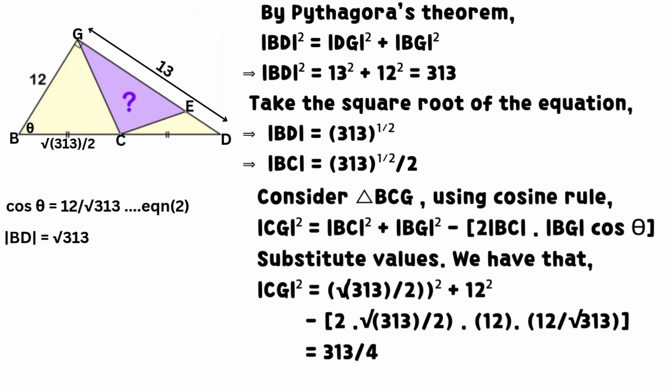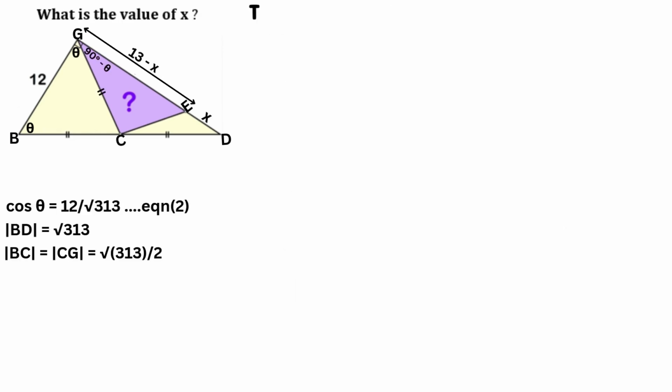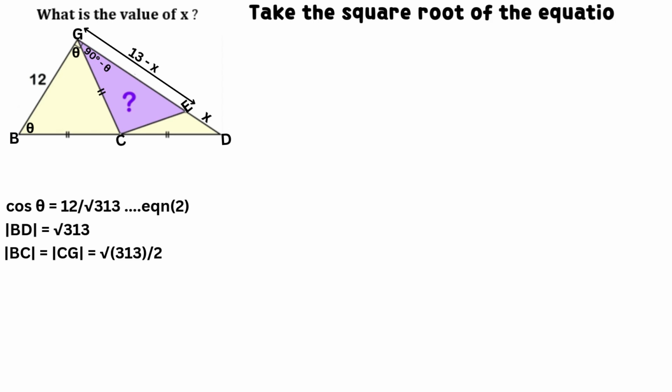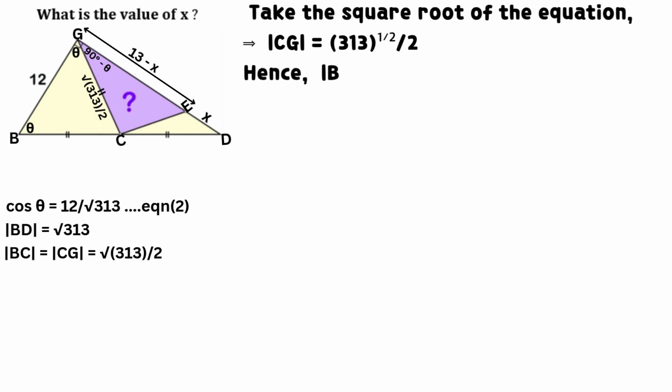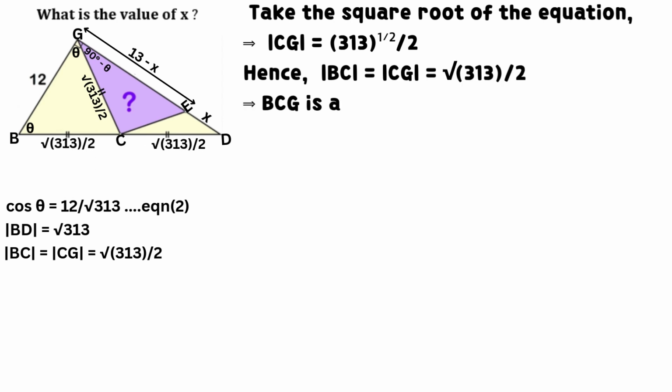We have that the square of line CG equals 313 divided by 4. After simplification of values, take the square root of the equation. This implies that line CG equals half the square root of 313.